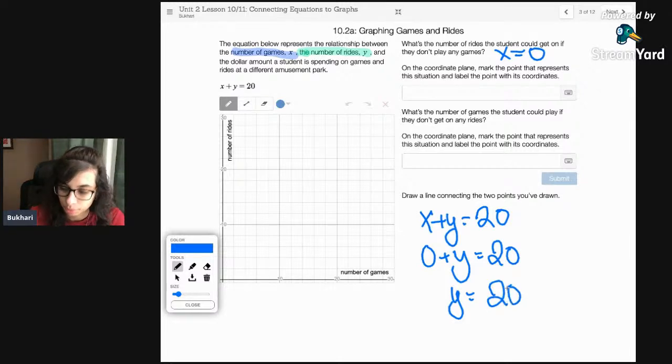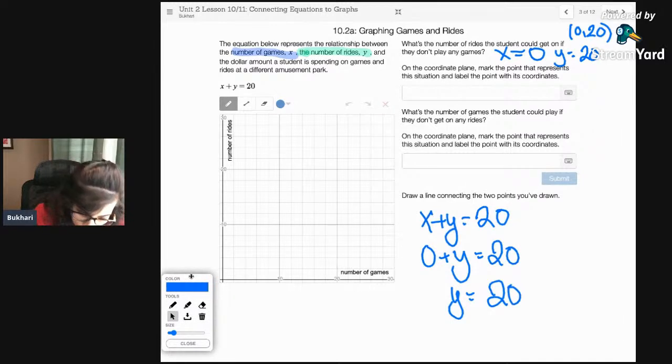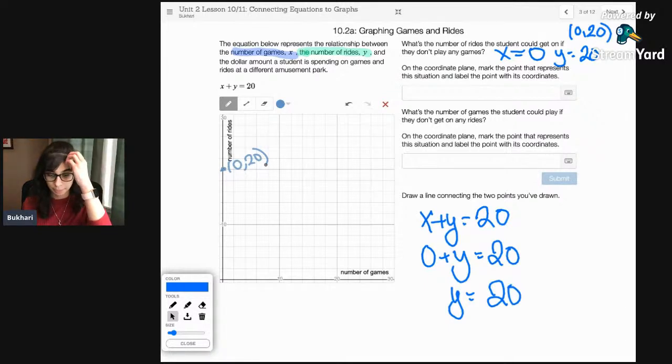And so I have the point x equals 0, y equals 20, or it can be written as a coordinate point, 0, 20. And then we can graph the point on the line, right? 0 is my x, and then I'm only going up to my 20, which is y. So this is my point, right? This is 0, 20.